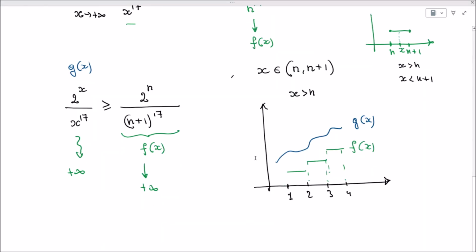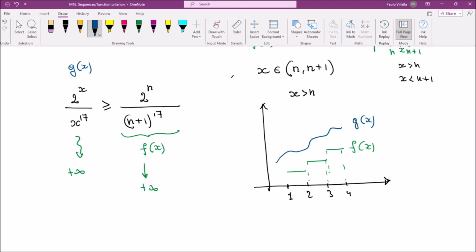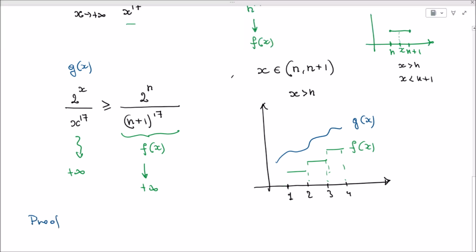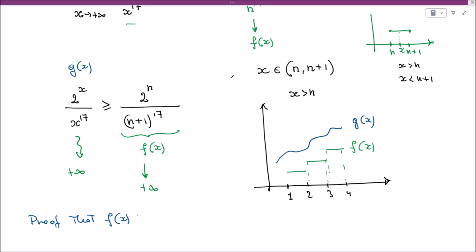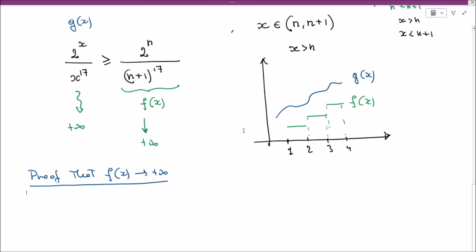Now as a reminder, let's prove that f of x diverges to plus infinity. Remember that we use the ratio criterion to prove this. Let's do this again.